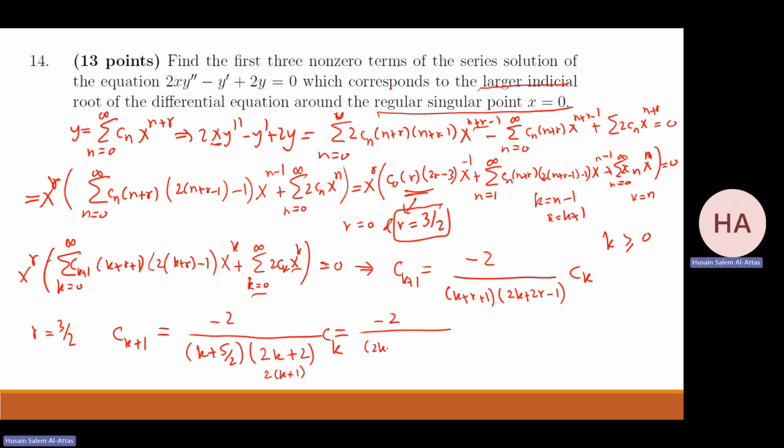I have minus 2 over (2k plus 5) times (k plus 1), times Ck, where k is greater than or equal to 0. So this is what I have as a relation: C(k+1) is minus 2 over (2k plus 5)(k plus 1) times Ck.